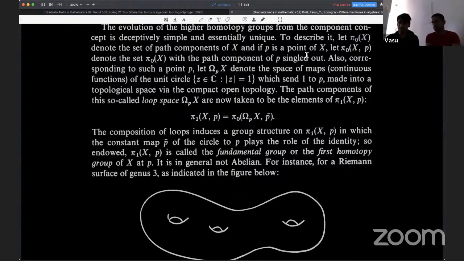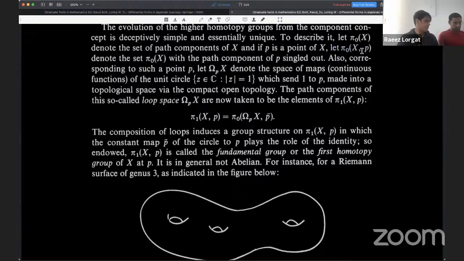So there's a natural immediate generalization to this, which is, we can make pi 0 of X a pointed space, which you can just think of as coloring the connected components. Every point is going to belong to a unique connected component.